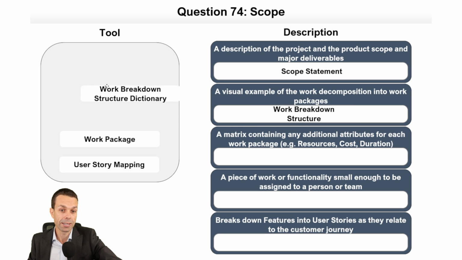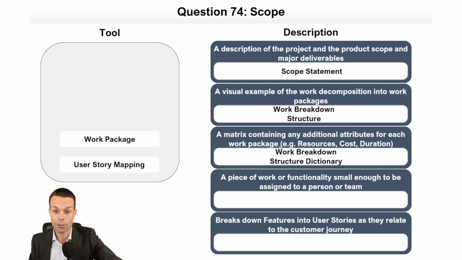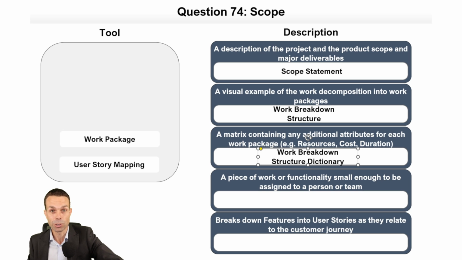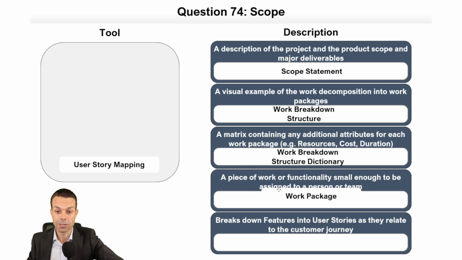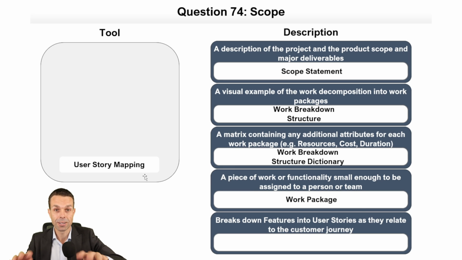That's going to be our work breakdown structure dictionary. We had resources, cost, duration or time estimates, quality details, who signed off on it, all of that extra information. A piece of work or functionality small enough to be assigned to a person or team is going to be our work package. And that's what we're breaking things down to, that smallest level, a work package.